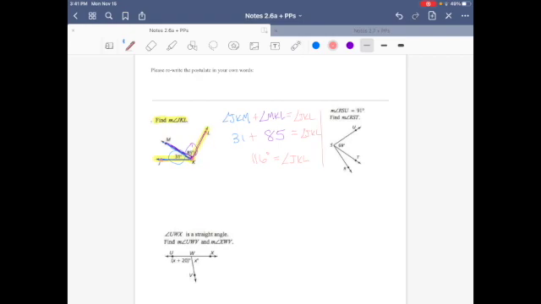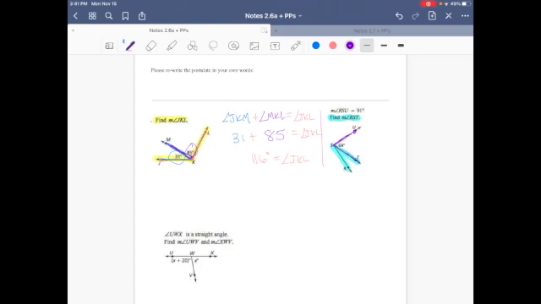So let's try this next one. They tell us to find RST. Do that in another color. Find RST. So we're looking for R to S to T. So we're looking at that one. And what they give us, our given information, is this first one, UST.